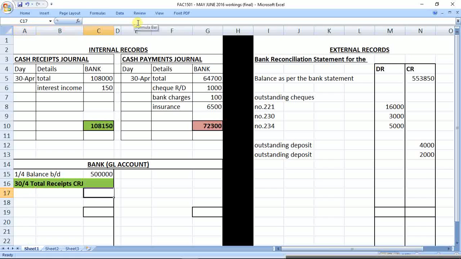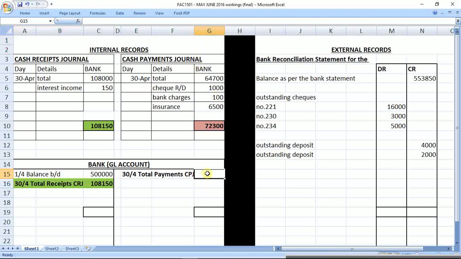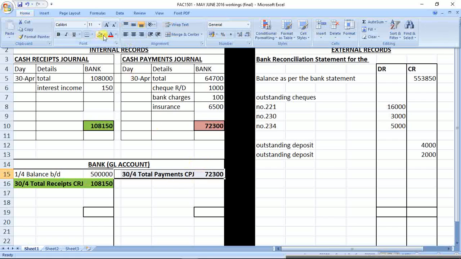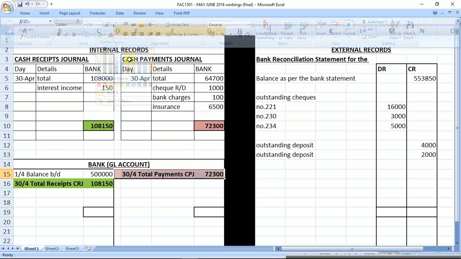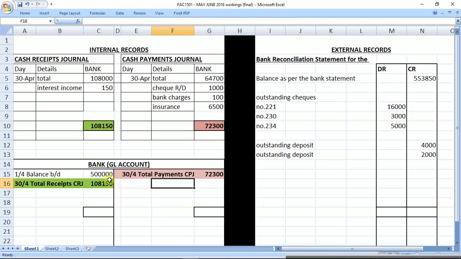Yes. CRJ equals that. And this is going to reduce the bank, total payments, CPJ, equals that, and there's your bank general ledger.